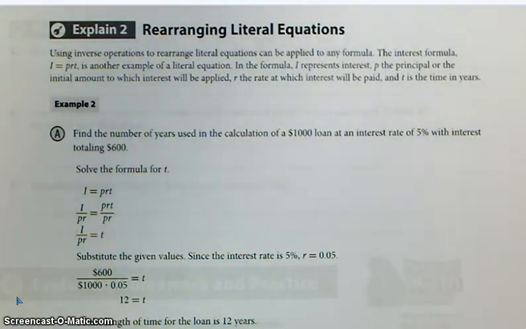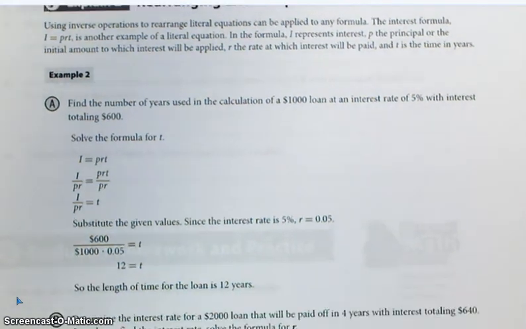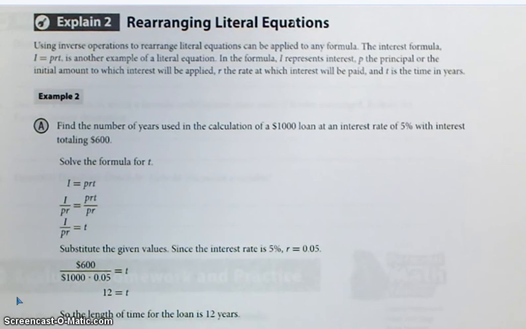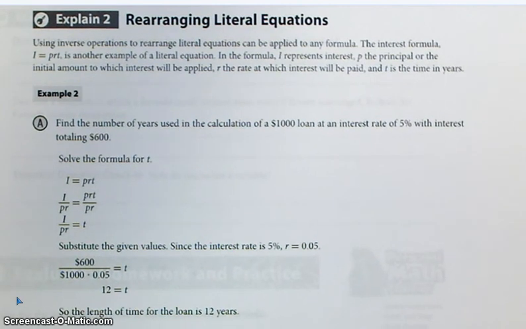Okay, so we've got a little more practice rearranging equations. This is an equation that you probably saw in regular 8th grade math class. Using inverse operations to rearrange literal equations can be applied to any formula. The interest formula, I equals PRT, is another example of a literal equation.